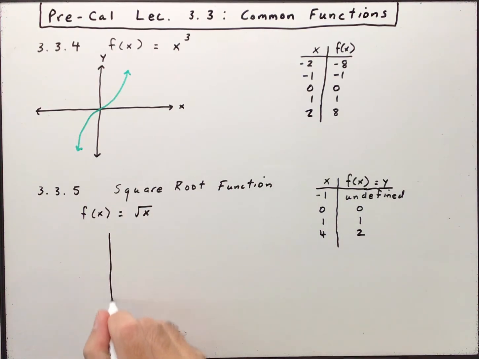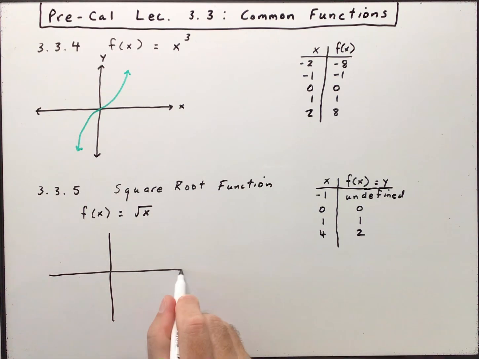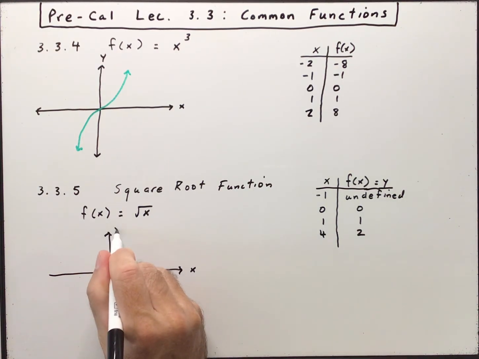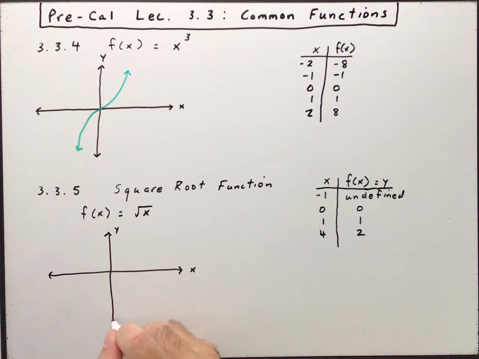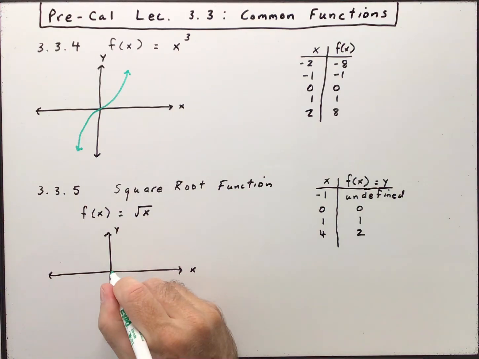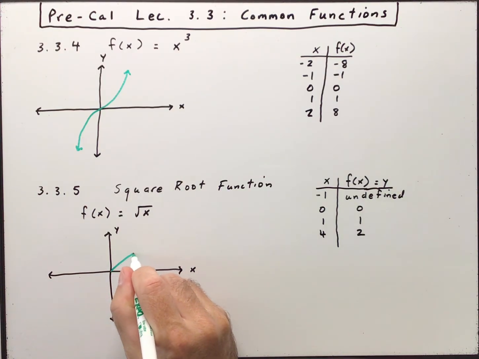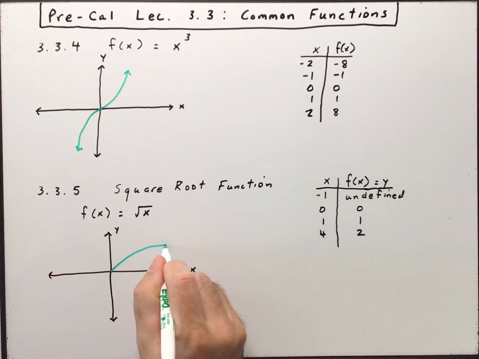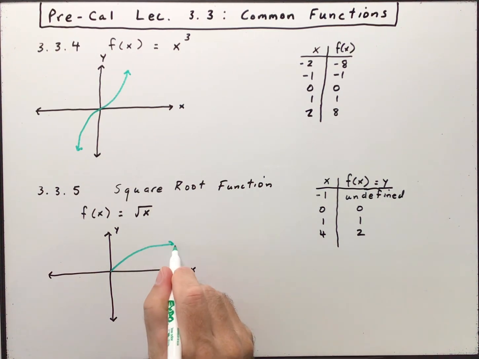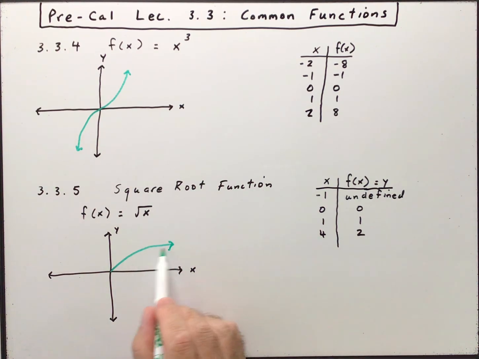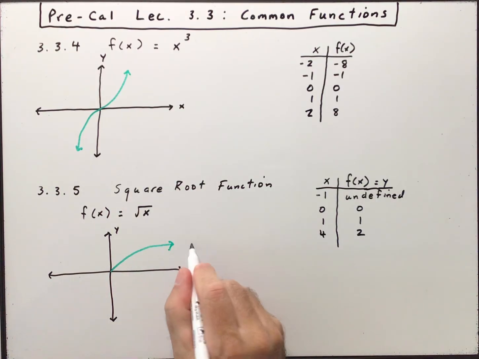Okay, so let's draw the basic shape of the square root function. And so see, it doesn't go to the negative side of the graph, and it increases at a decreasing rate. Okay, so if you see something like that, it's some kind of square root function.